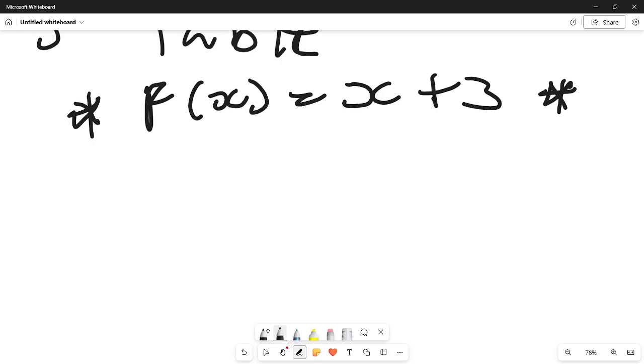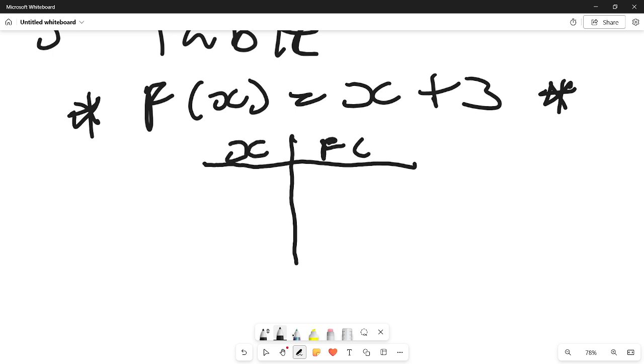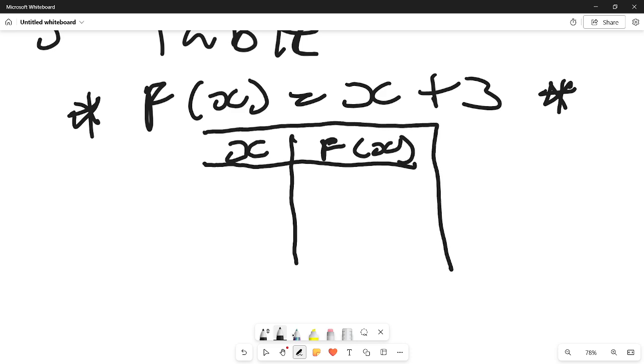Representing a function as a table, we are going to have two columns. The first column will contain x, and another column contains f of x. In the first column, we can put in inputs.